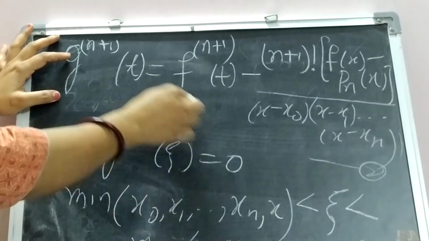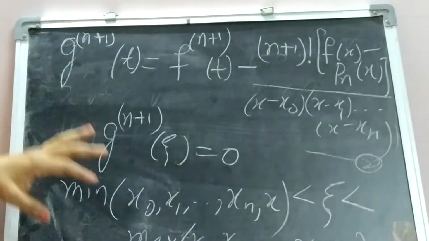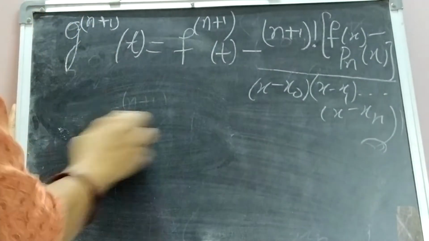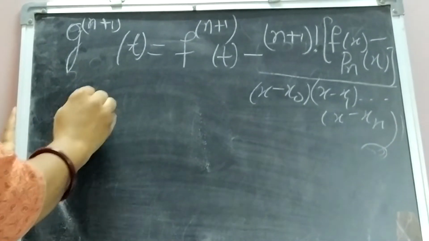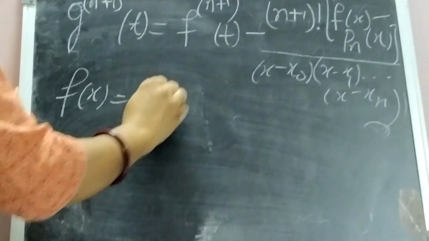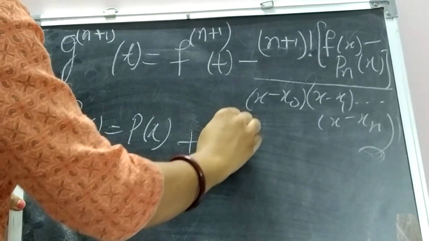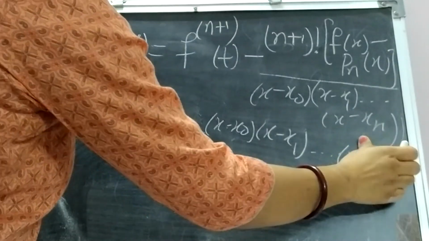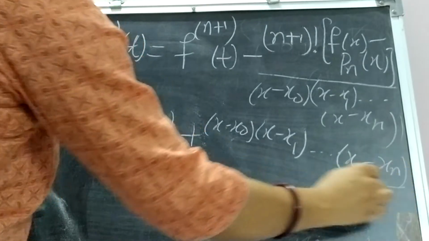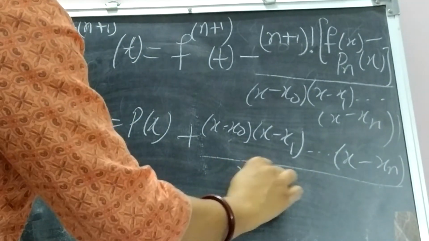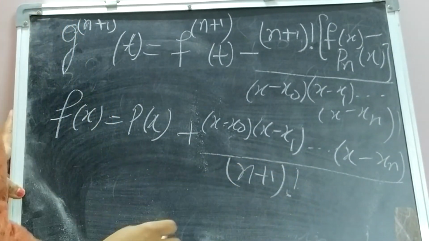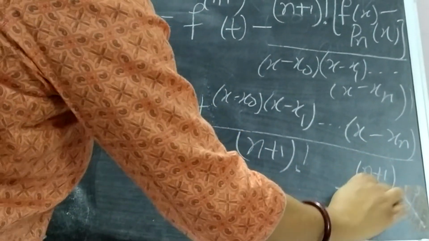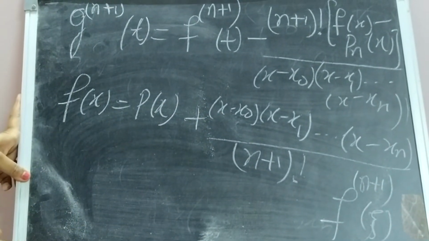So using this and simplifying it for f(x), we get f(x) is equal to p(x) plus (x minus x0)(x minus x1)...(x minus xn) divided by n plus 1 factorial, and together with this multiplication we get f^(n+1)(xi).